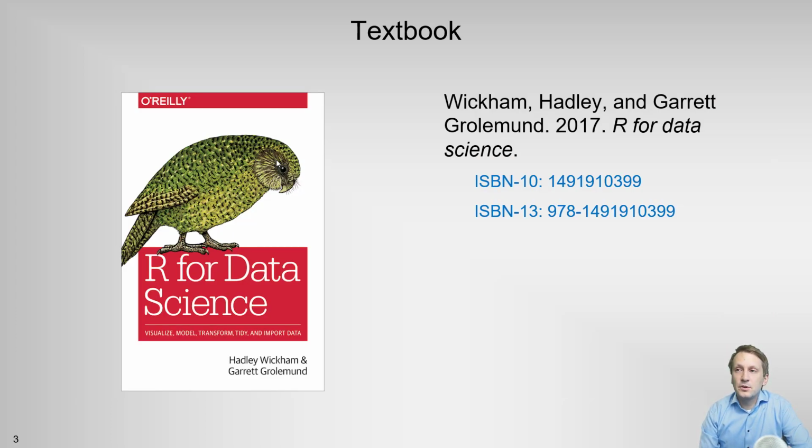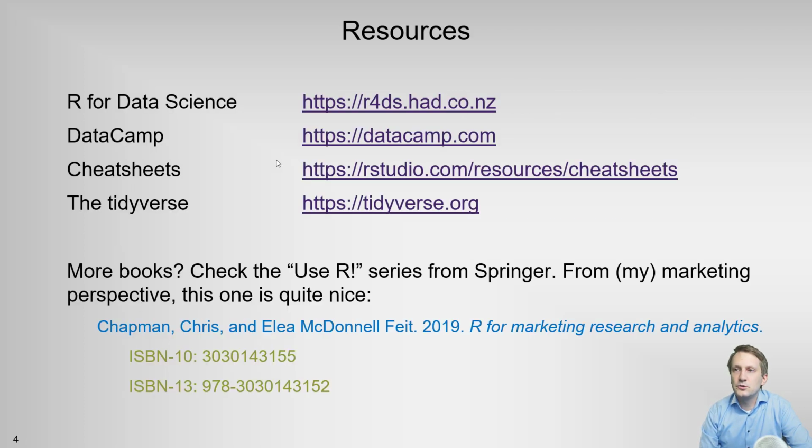Our official textbook would be R4DS, R for Data Science, and they also have an awesome website that you can go to. For the assigned readings for this class, I'm going to basically refer you to that website, r4ds.hadley.nz. If you want to check out other sources, we're also going to make use of some DataCamp lectures that I'm going to refer to.